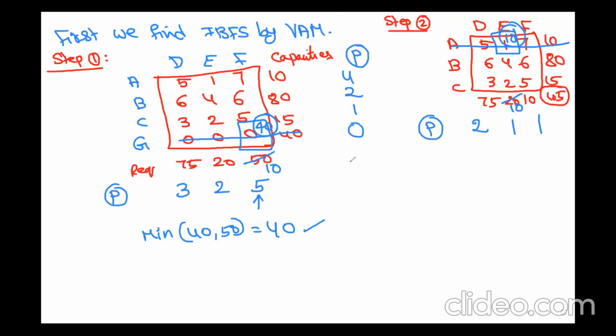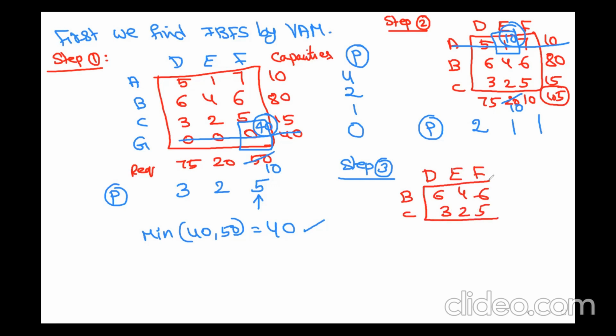Now step 3. The new reduced table is D, E, F and B, C: 6, 4, 6, 3, 2, 5. And capacities and requirements we have 80 and 15, total 95.